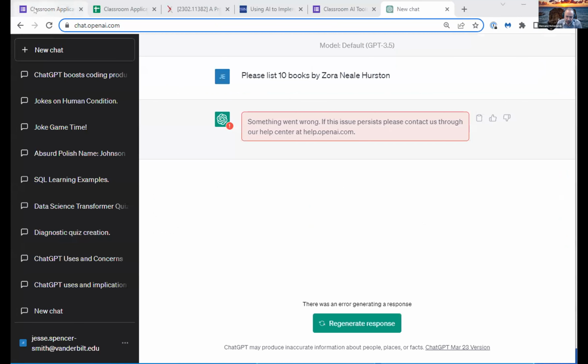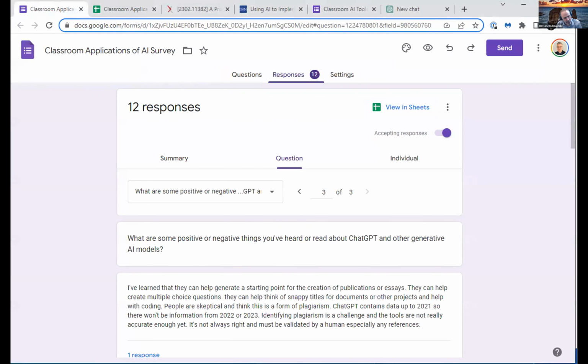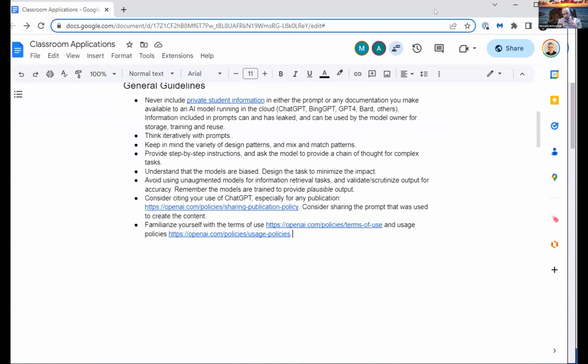So I may have been confused a bit, so let me ask this again. Yes. You could theoretically train one of these models on a particular area of knowledge you define, right?